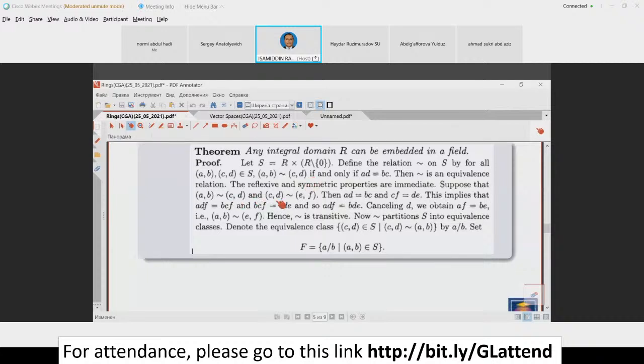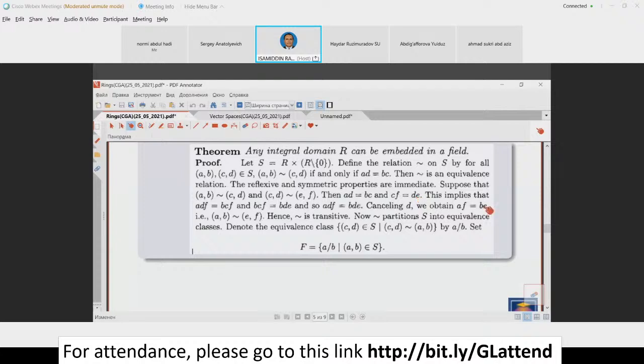Reflexivity is given, symmetry is given, transitivity is given as follows. Let (A,B) be related to (C,D), and (C,D) related to (E,F). (A,B) related to (C,D) means AD equals BC. (C,D) related to (E,F) means CF equals DE.